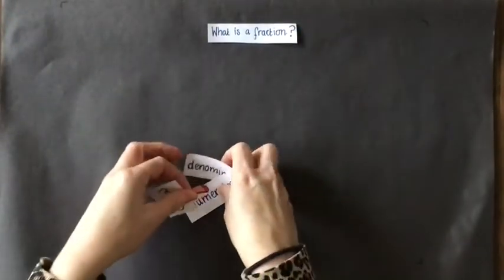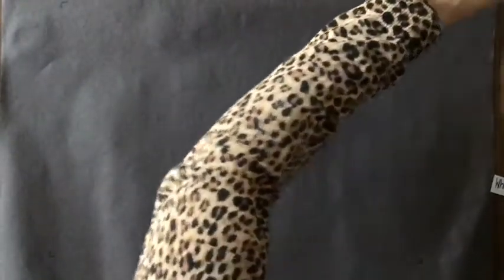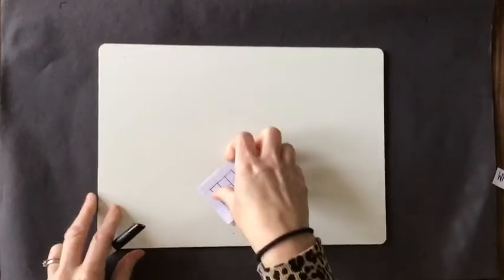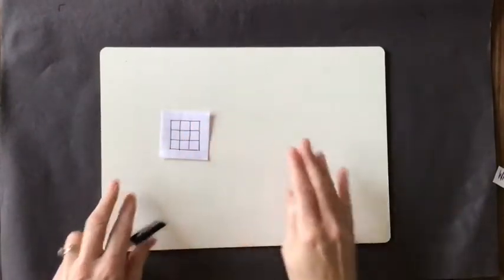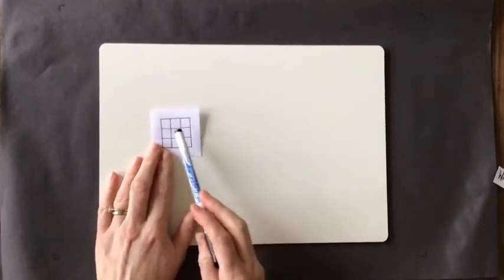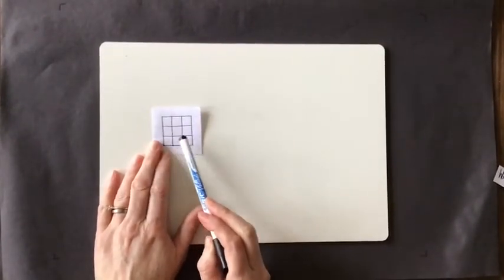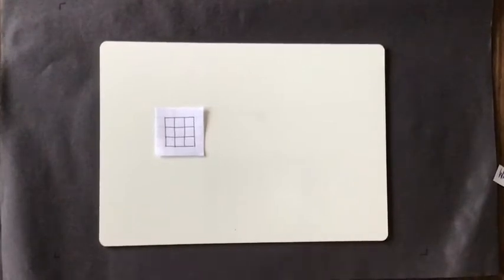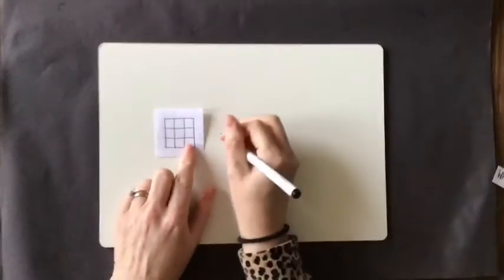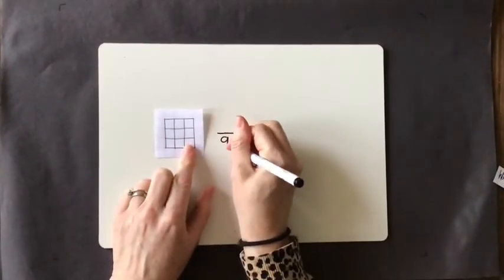Continuing to think about that, let's have a look at this shape here. Here I have a square and it's been divided up into 1, 2, 3, 4, 5, 6, 7, 8, 9 equal parts. So that actually gives us our denominator. So it gives us our bottom number.